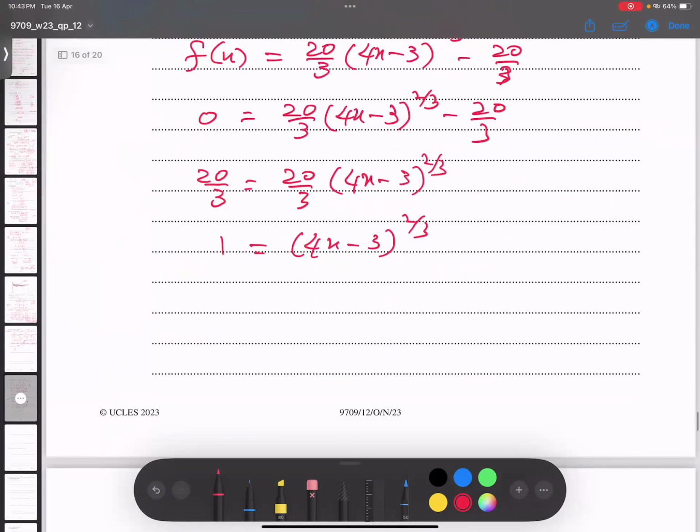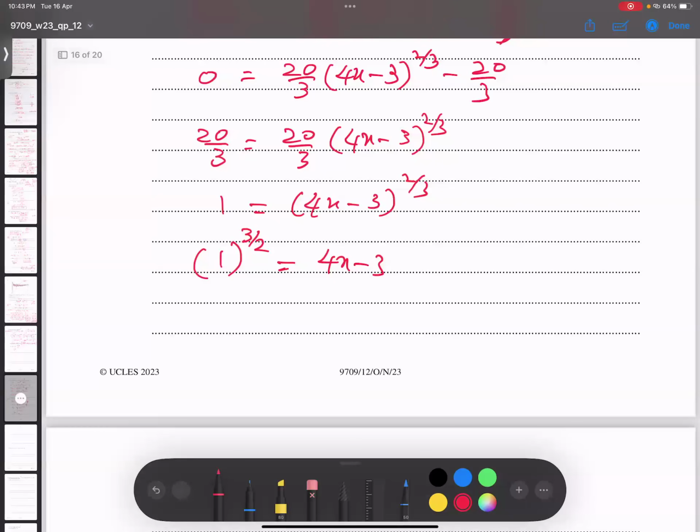And a very interesting part: whenever you bring this power to the other side, your power flips, so 2 by 3 becomes 3 by 2. Make sure. Now this power 1 remains the same. So 4x is equal to 4, and x becomes 1.